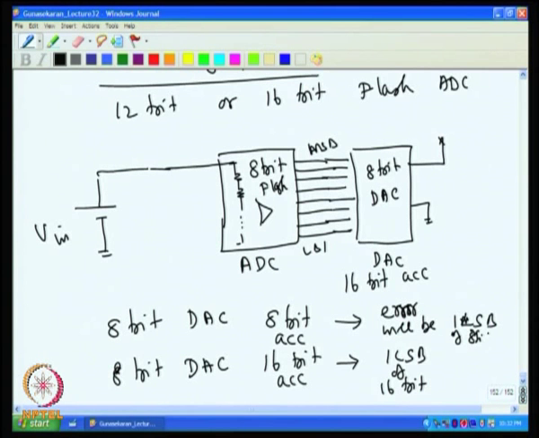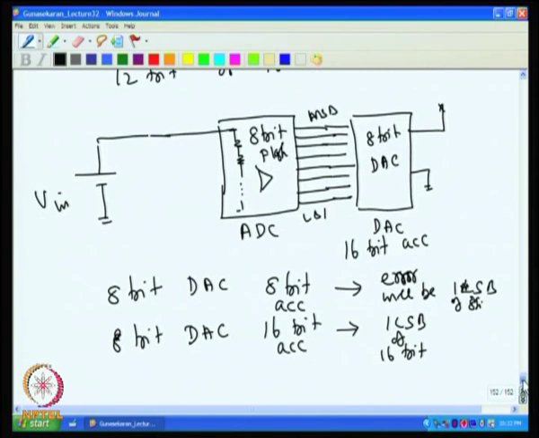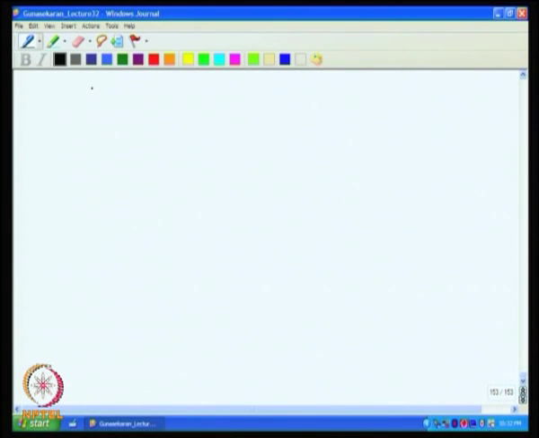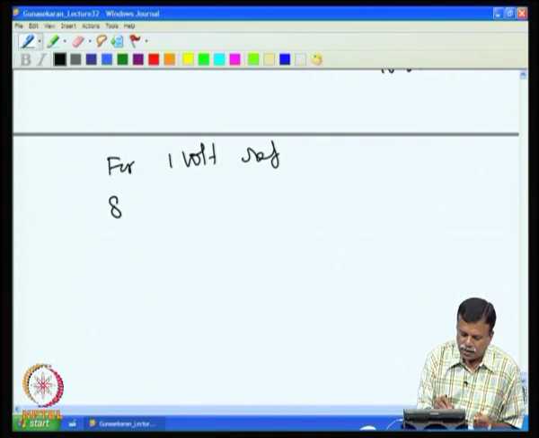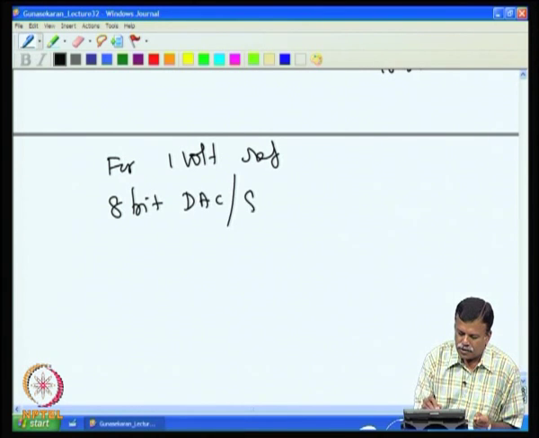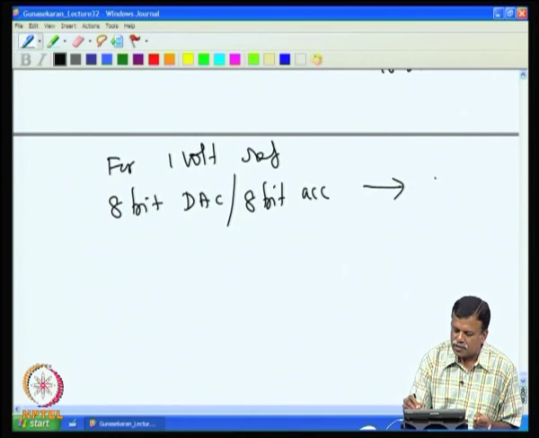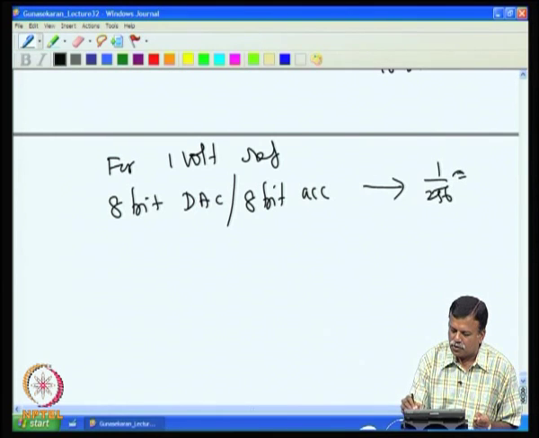For example, if I take 1 volt as my reference, for a 1 volt reference, an 8 bit DAC with 8 bit accuracy, the expected error is 1 by 256, that is roughly equal to 4 millivolt.